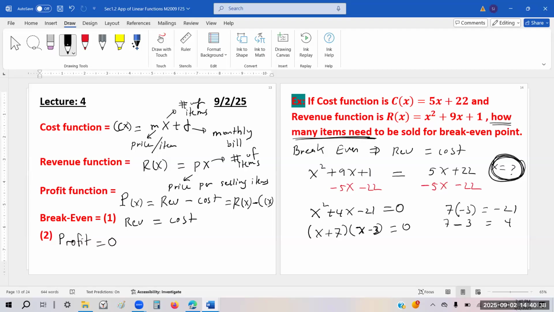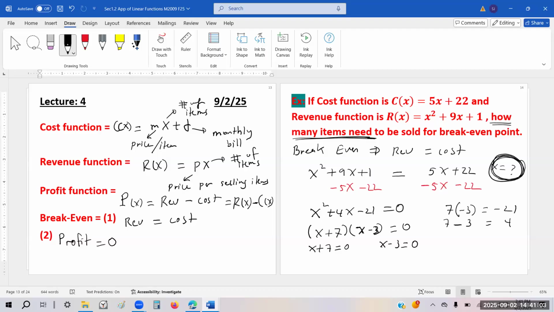So how do you solve for x? You guys forgot your algebra? Here they say multiply two factors, the result is 0.